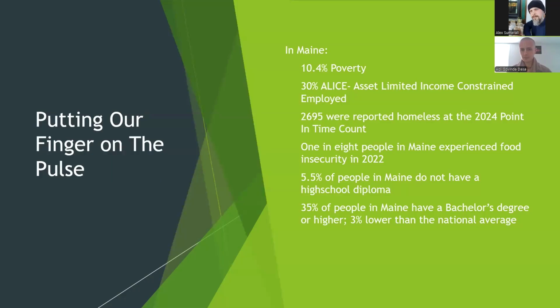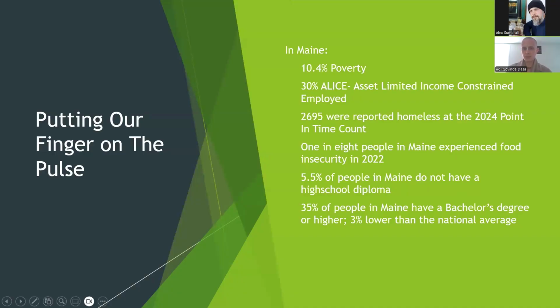But let's put our finger on the pulse of some of the problems we're experiencing. From the perspective where I am in Maine, there's a 10% poverty rate. It's a 30% ALICE rate. ALICE stands for Asset Limited, Income Constrained, but Employed.